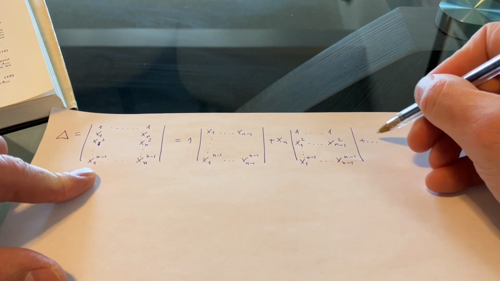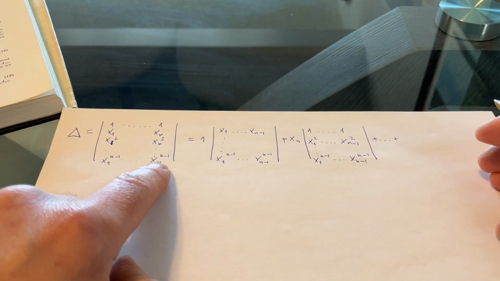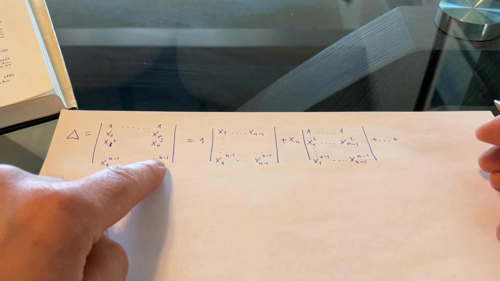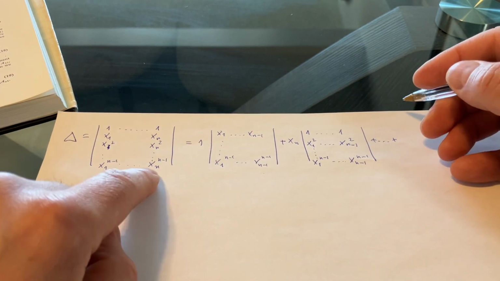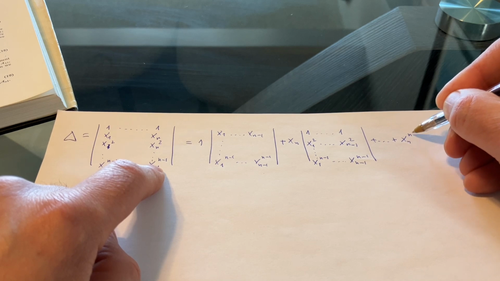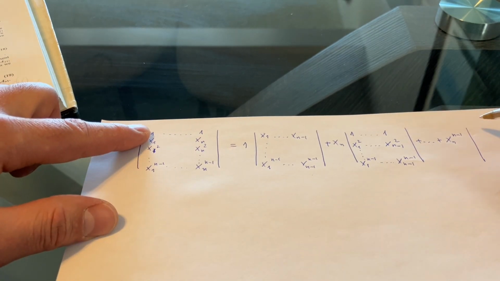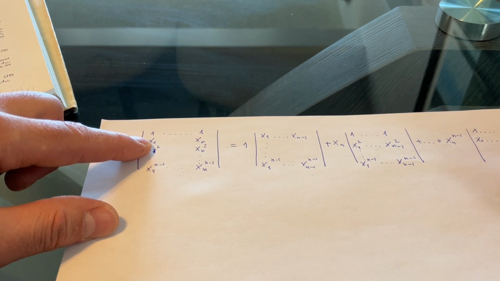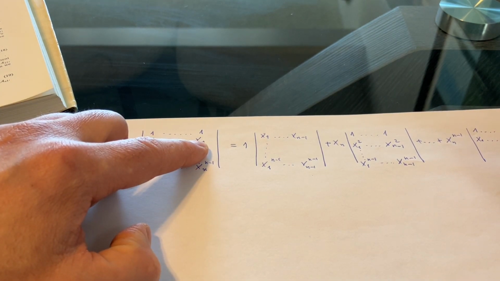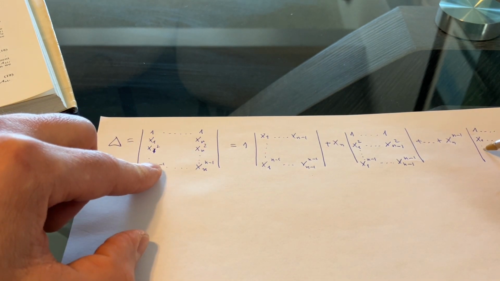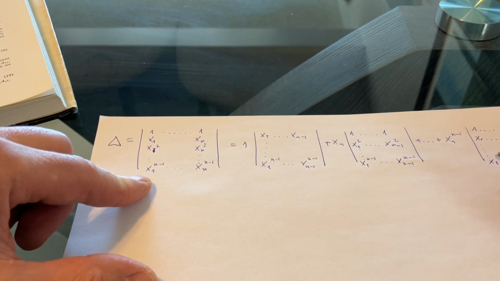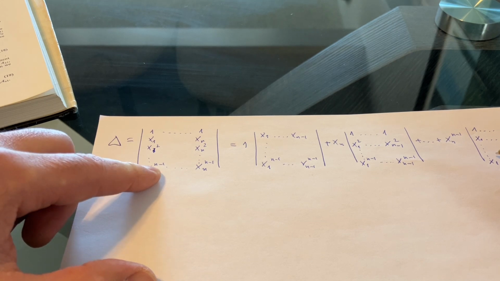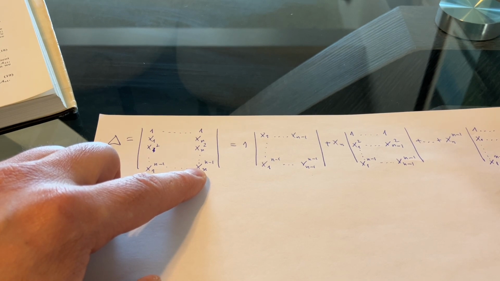And then finally, when you reach the last element of the last column, you're going to get xn power n minus 1. So you get 1, 1, 1. You get x1 here, you get xn minus 1, then x1 power n minus 2, xn minus 1 power n minus 2 down there.